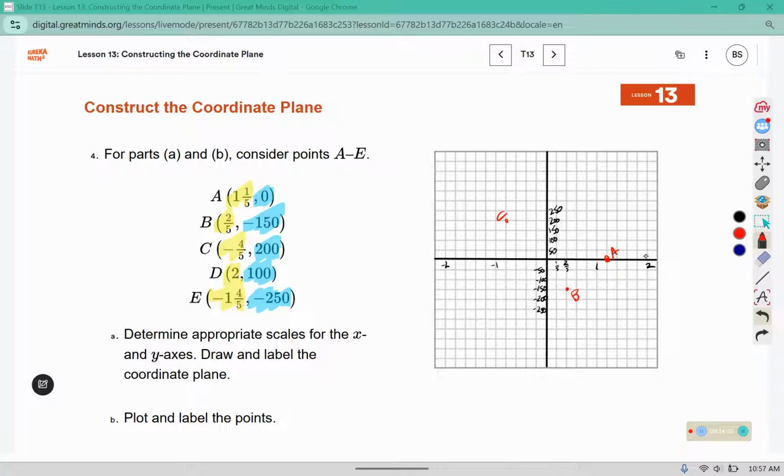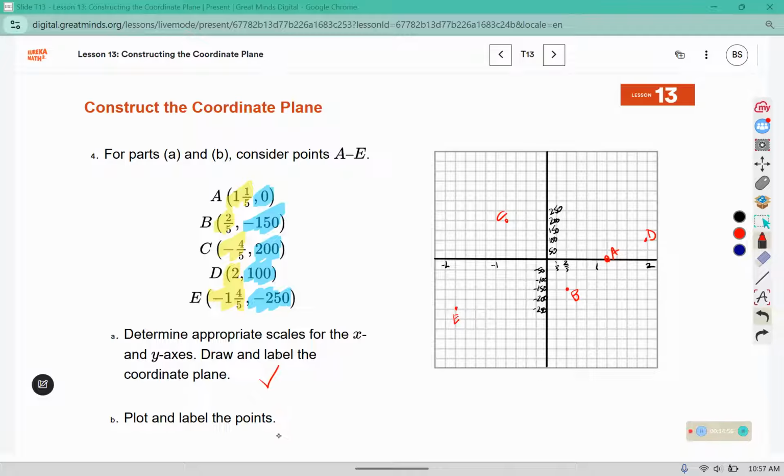D, we're going to 2 and then up to 100. E, left 1 and 4/5, 1, 2, 3, 4, and down to 50. 50, 100, 150, 200, 250.